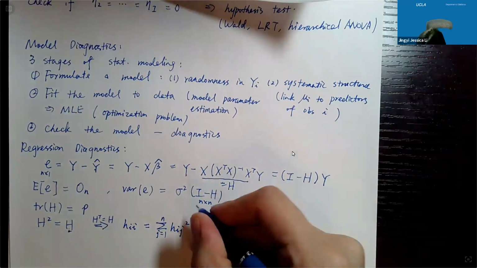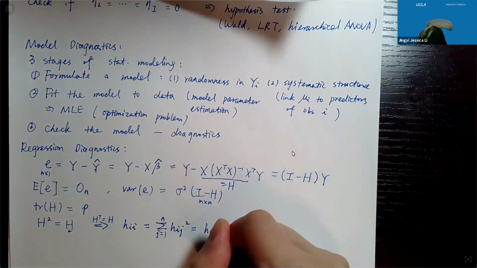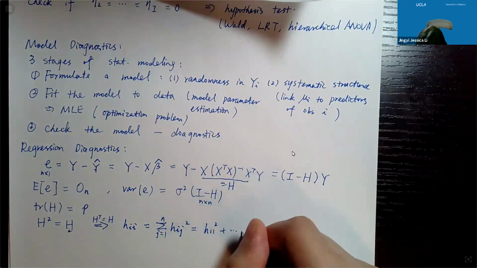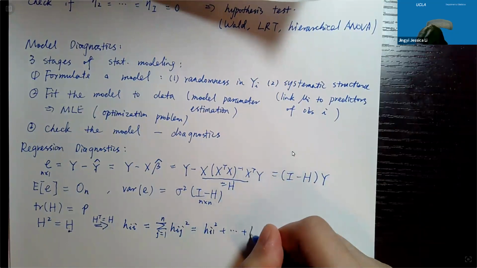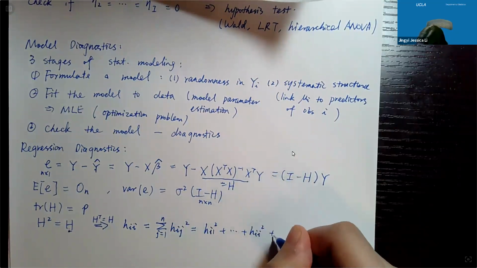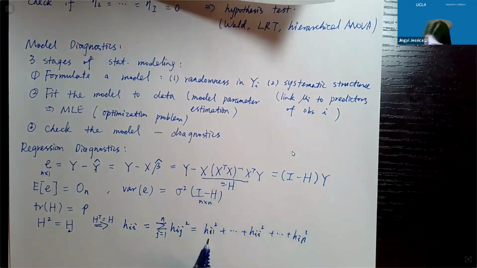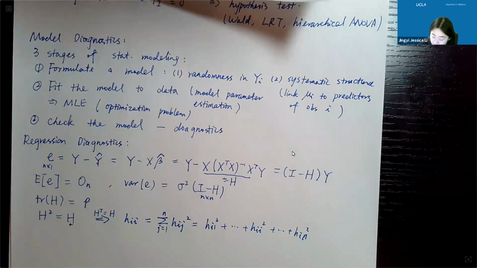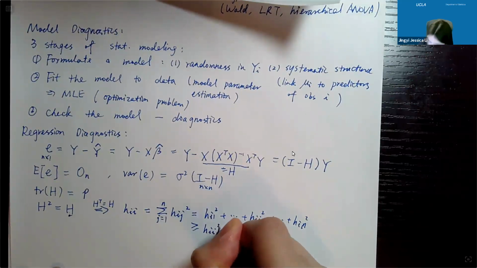So what does this imply? If we expand the summation, it's equal to H_i1 squared plus H_i2 squared plus up to H_ii squared plus up to H_in squared. So there are n terms here, and one of them is H_ii squared. Because every square term is non-negative, this is greater than or equal to H_ii squared.